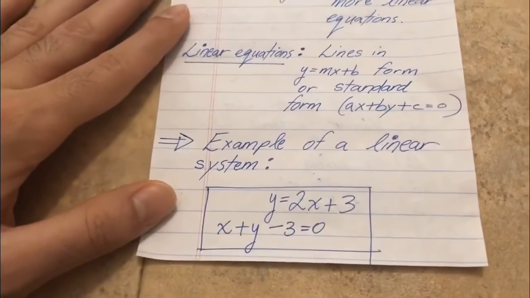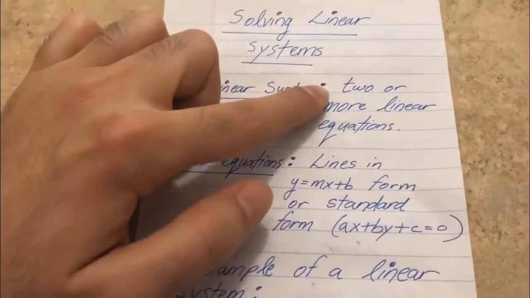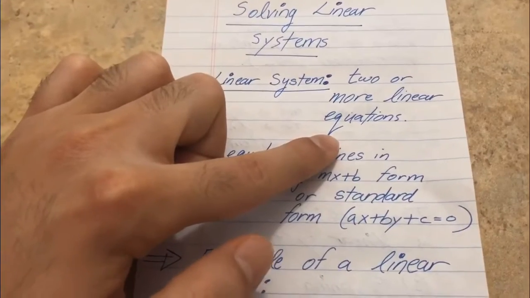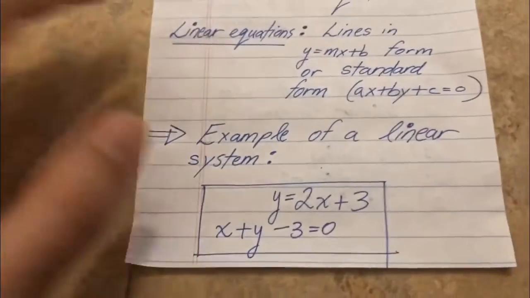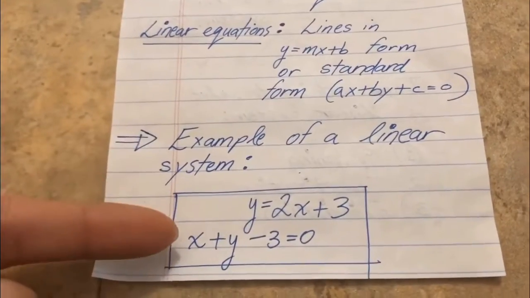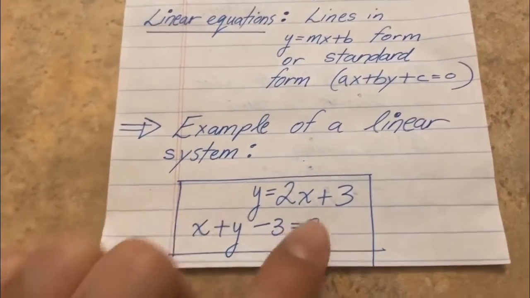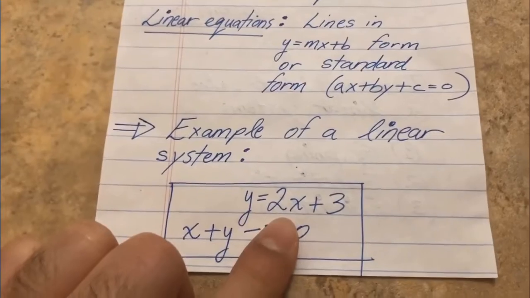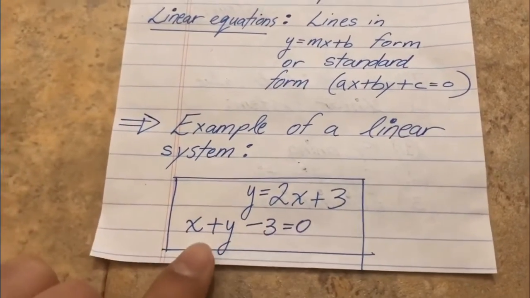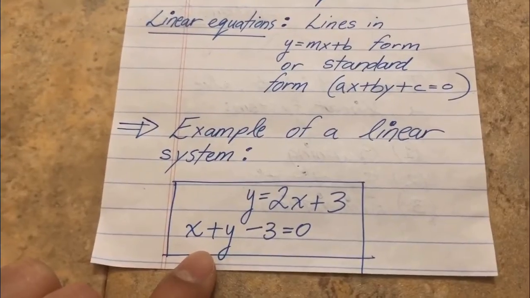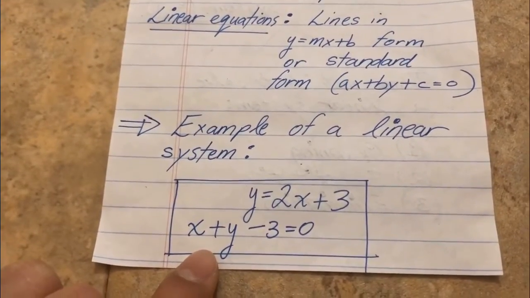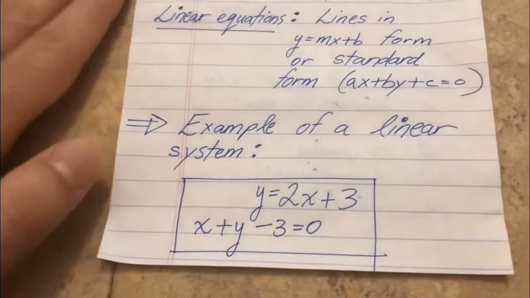Now, a linear system is two or more linear equations. So, excuse me, this is an example of a linear system. I've got one equation in y equals mx plus b form, and I've got another in ax plus by plus c equals 0 form, standard form.